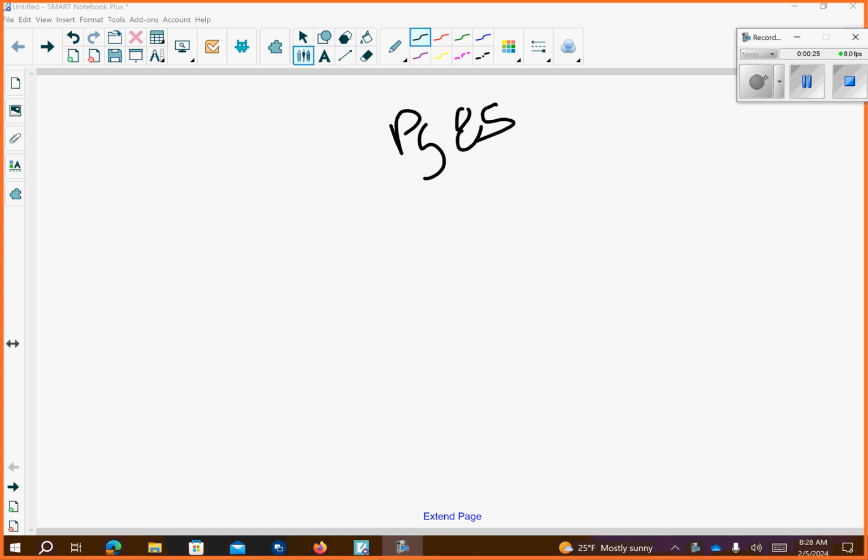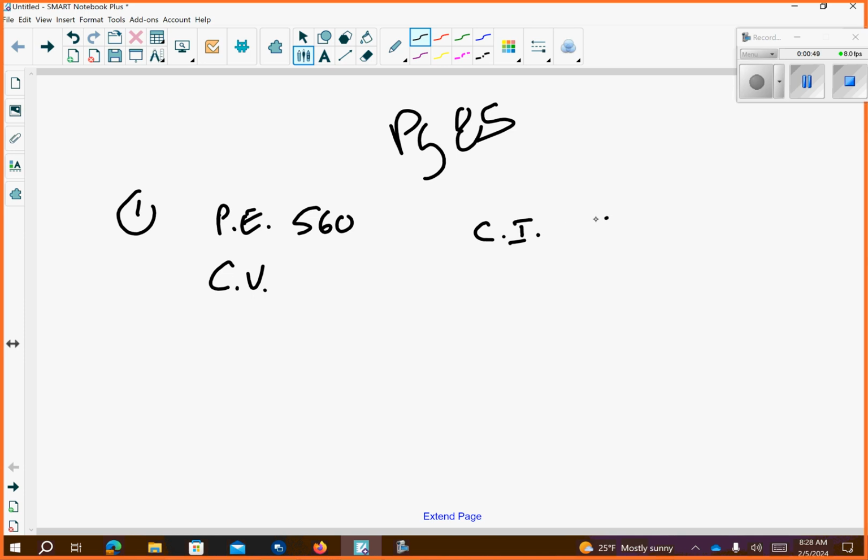All right, so our point estimate, PE, is going to be the 560. The critical value, we don't have yet. We have to find that. And then the confidence interval is going to be the 99%. And then the standard error, we don't know that yet.